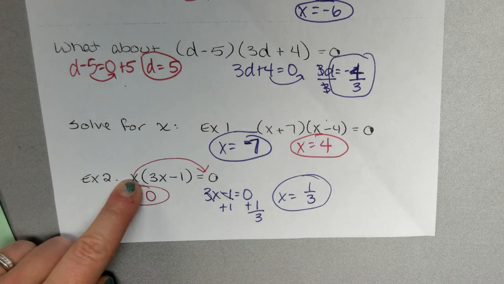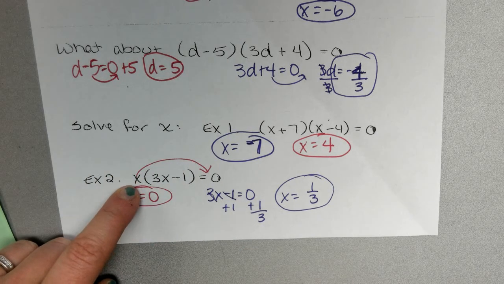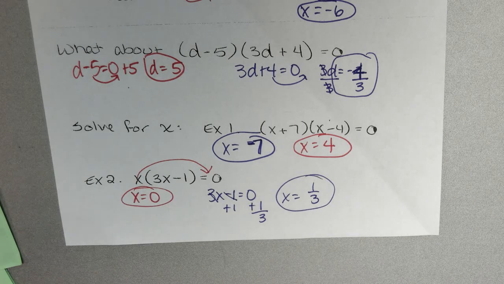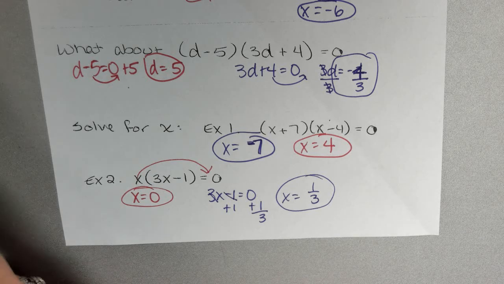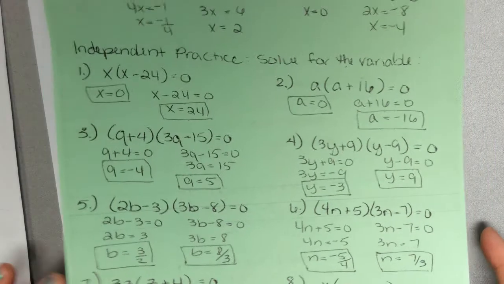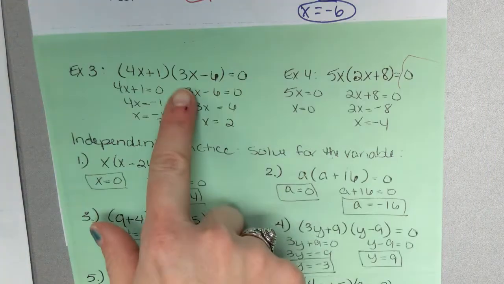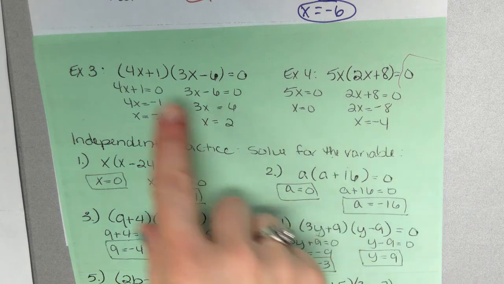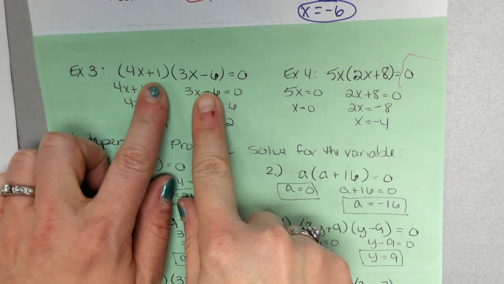Now, if this had been a 2 in front of the x, you would say 2x equals 0, and then you divide the 2 off, it would still be 0. But that's how you do the distribution. Now, on your homework, you're about to get your homework, and it's going to have example 3 at the top. You're just going to set them both equal to 0.